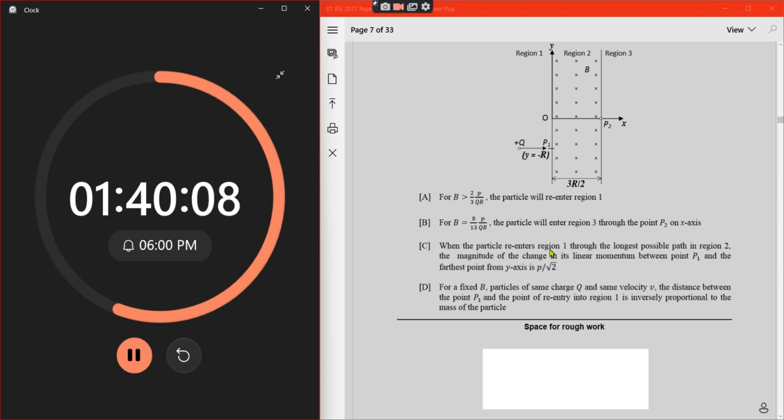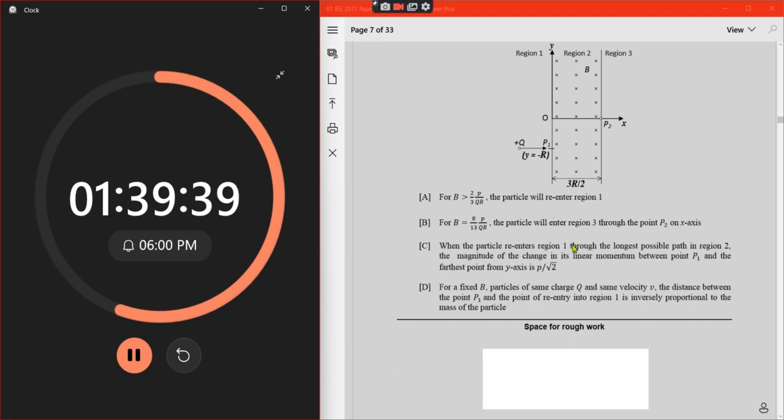Re-enters region 1 through the longest possible path in region 2. Right, which is when this is just touching at that point, of course, so radius should be less. Right, the magnitude of the change in linear momentum between points P1 and the farthest point from the y-axis, which is just that point, is equal to p upon square root 2. No, that's, are you serious? It is square root 2 p, right?